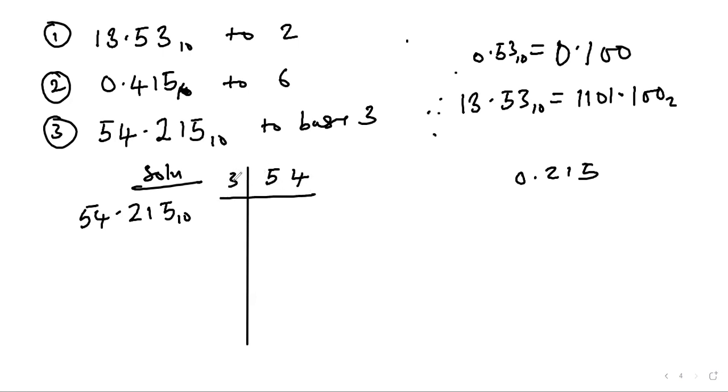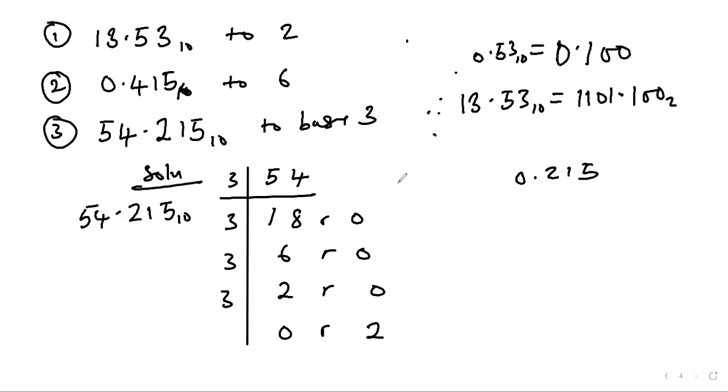3 divide 54. Okay, let me do it little by little. 3 divide 5, 1 remainder 2. Divide 24, 8, remainder 0. 3 divide 18, 6 times, remainder 0. 3 divide 6, 2 times, remainder 0. 3 divide 2, 0, remainder 2.